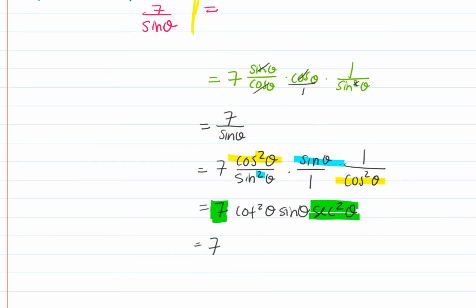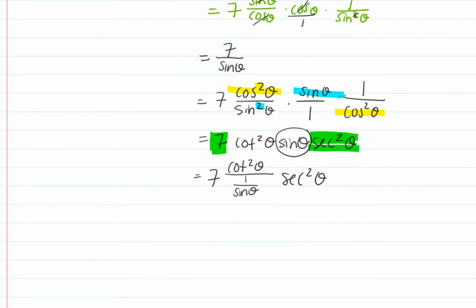And so this would look like 7 times cotangent squared theta divided by 1 over sine of theta, right? Instead of multiplying by sine of theta, you could divide by its reciprocal. I don't know why you would do that, except if you were trying to prove that two things are the same. And now this looks like 7 times the cotangent squared theta over the cosecant of theta times secant squared theta, which is the very messy beginning.